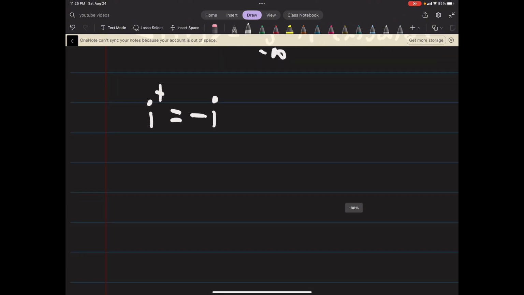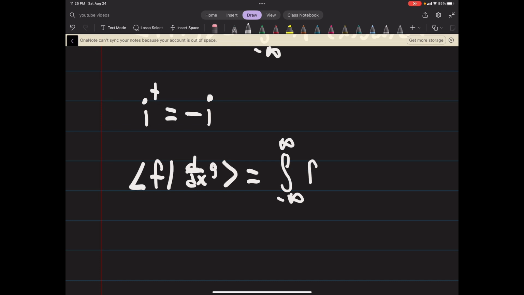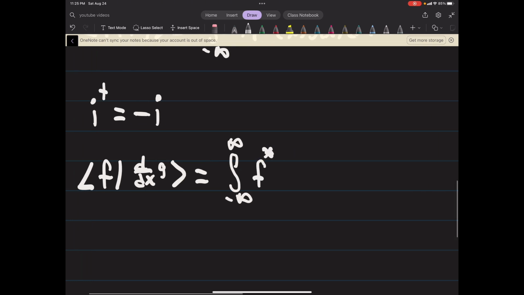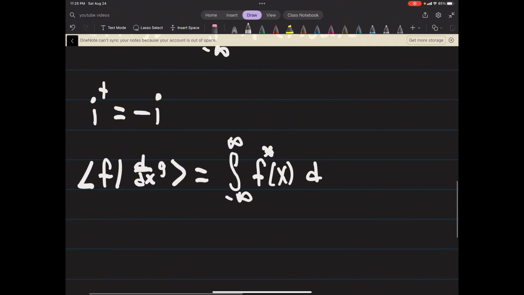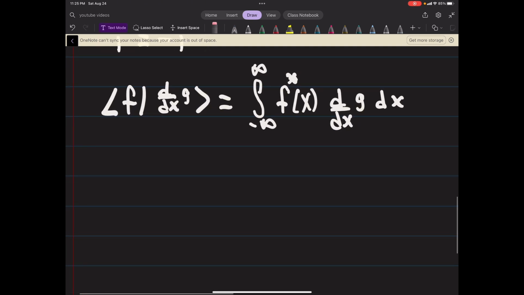Now the next one is the derivative with respect to X, so F, d by dx of G. This is, of course, the integral from minus infinity to positive infinity of F star of X, d by dx G, dx. Now we can write this a little bit better. This integral we can find by integrating by parts.